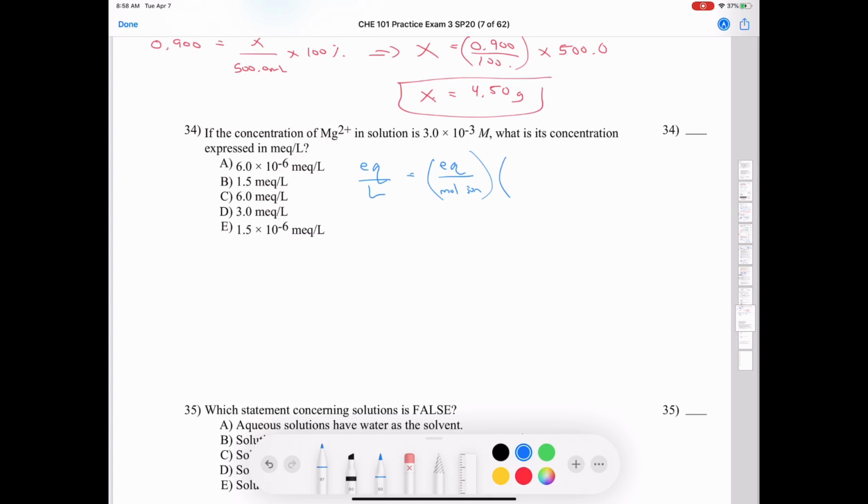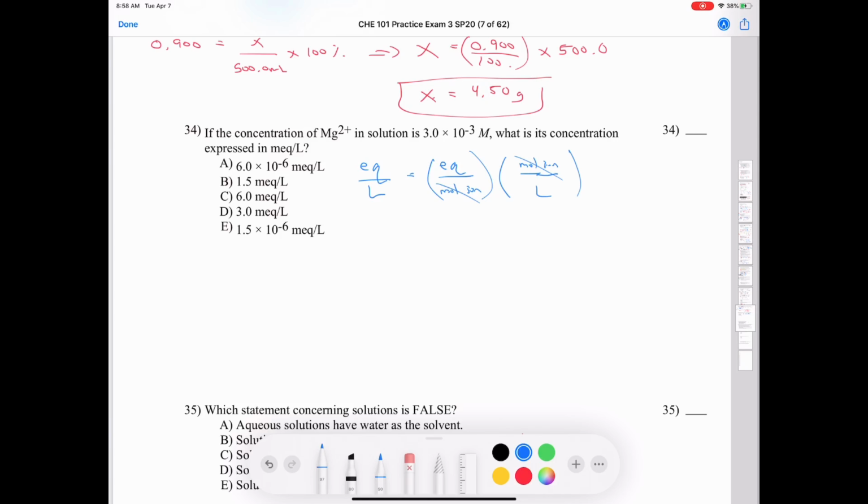And then I'm going to multiply that by the number of moles per liter. So the moles of that ion per liter. So you can see that the moles of ion are going to cancel out, and I'll end up with equivalents per liter. Now, of course, we're asked for milliequivalents, and we know that there's 1,000 milliequivalents for every equivalent.